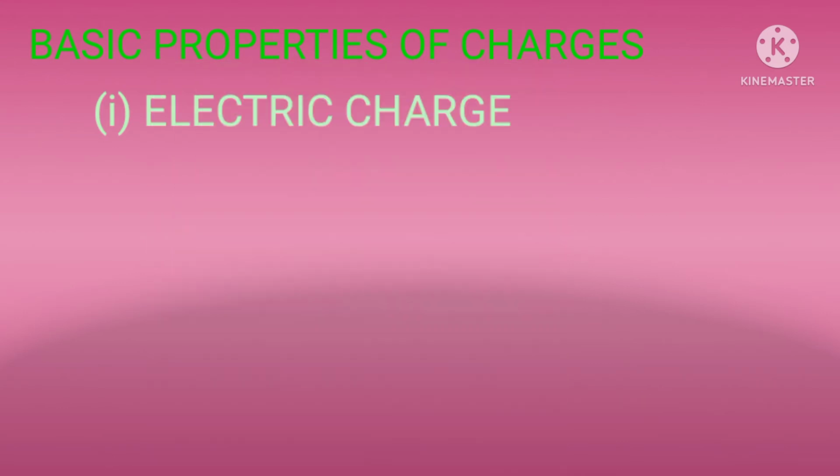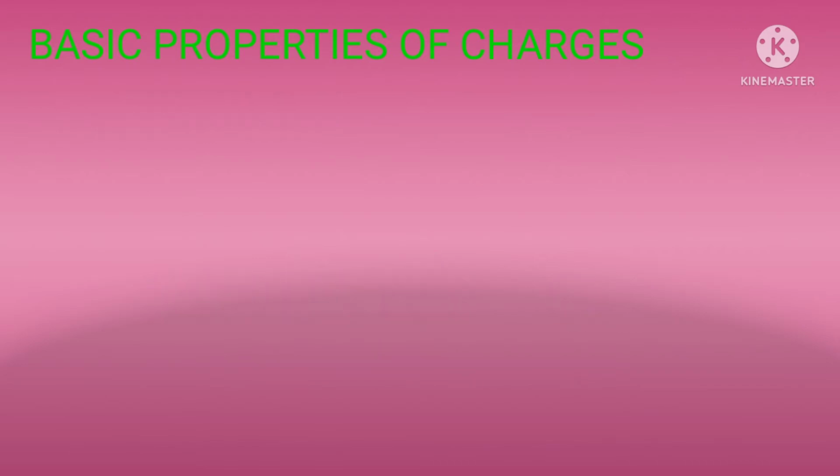These particles have mass, which is an inherent property of particles. Similarly, electric charge is another intrinsic and fundamental property of the particles. The SI unit of charge is Coulomb.